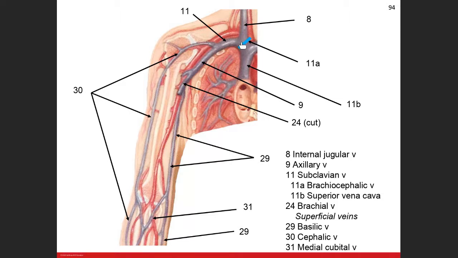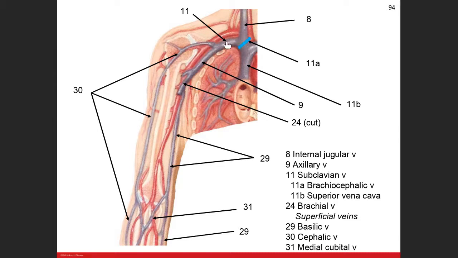If we're staying on the right brachiocephalic vein, you have your right internal jugular vein and your right subclavian vein come together and join to form the right brachiocephalic vein.